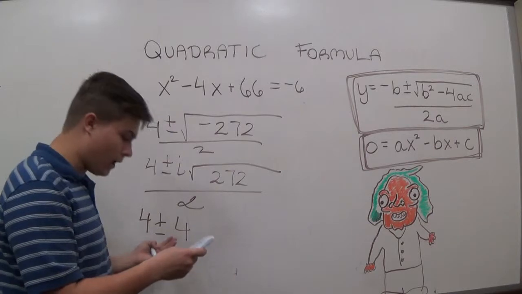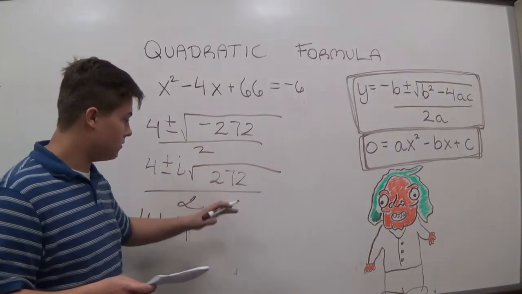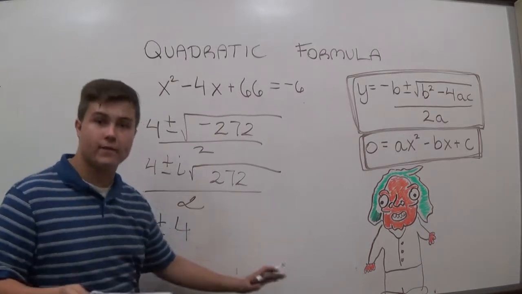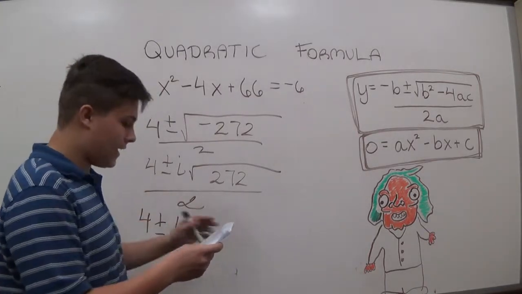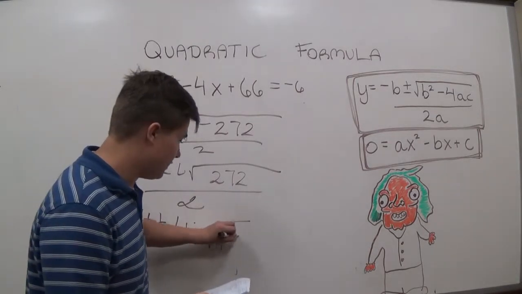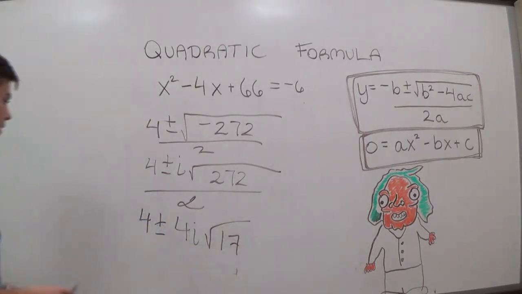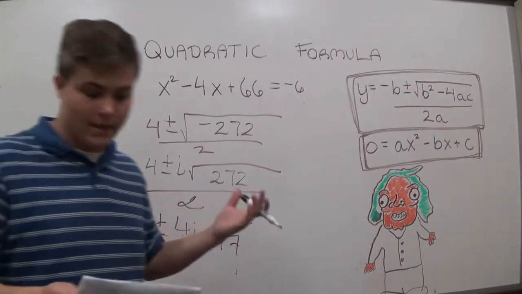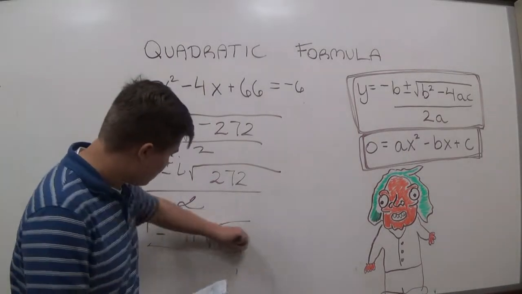And they say, hey Dane, why? Well, that's because when you're going back to the 2, 2, 2, 2, and the 17, that will get you 4i times the square root of 17 still, because you can't go any further than that without getting crazy numbers. And we don't want crazy numbers. We want this to be simple. Divide by 2.